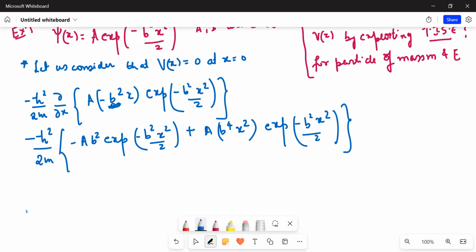So now this is like minus h bar square upon twice m, you have minus a b square psi plus b raised to the power 4 x square psi.